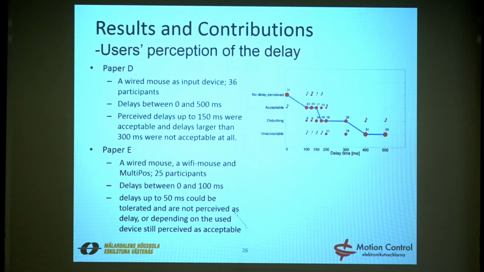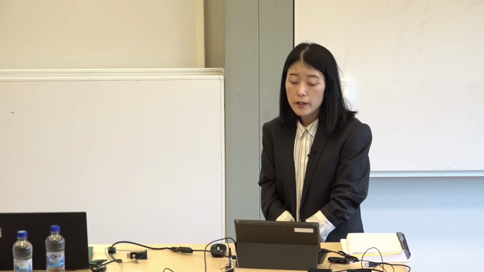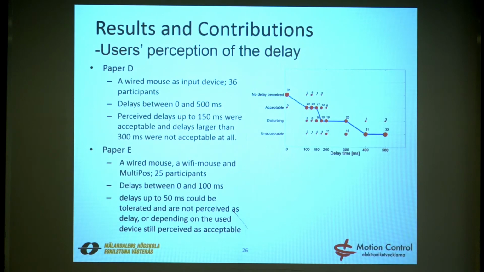Paper D and paper E focus on the investigation of the user's perception of the delay. In paper D, a wired mouse was used as an input device, and the delay value was set between 0 and 500 milliseconds. We can see in the figure, the size of the red points was decided by the numbers of users.